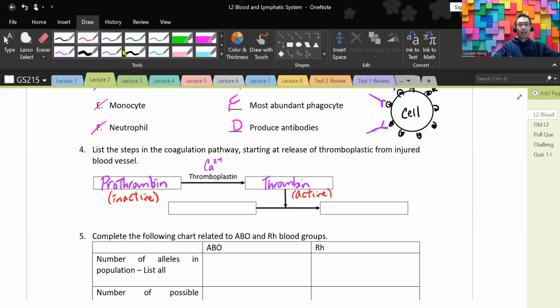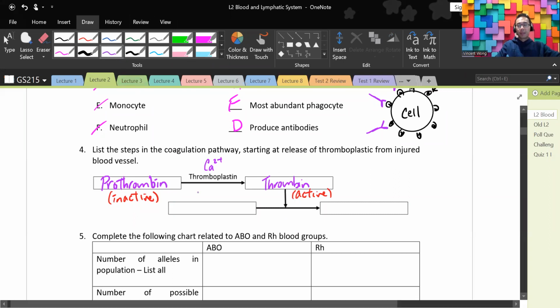Now, in your blood plasma, in addition to prothrombin, you also have something called fibrinogen, which is also inactive. But in the presence of thrombin and calcium, fibrinogen will get converted into fibrin.